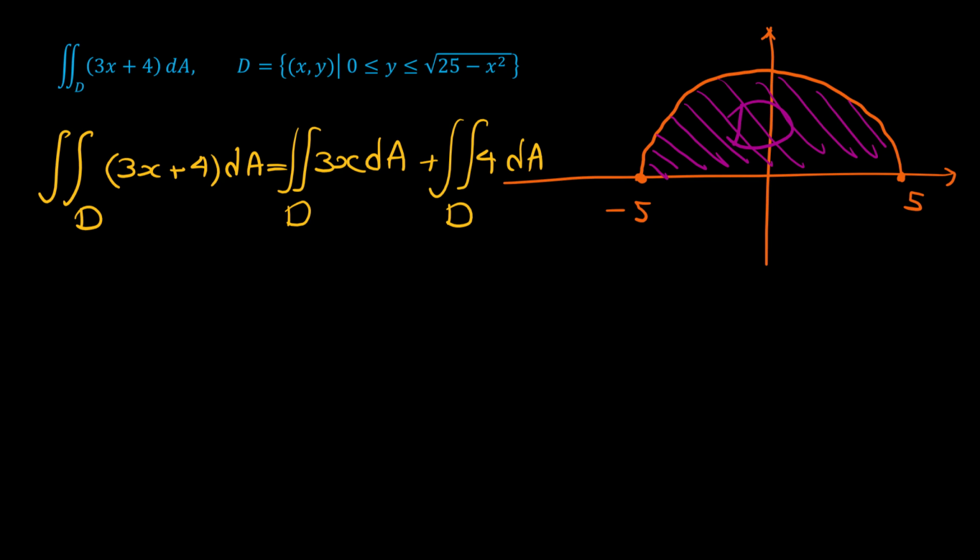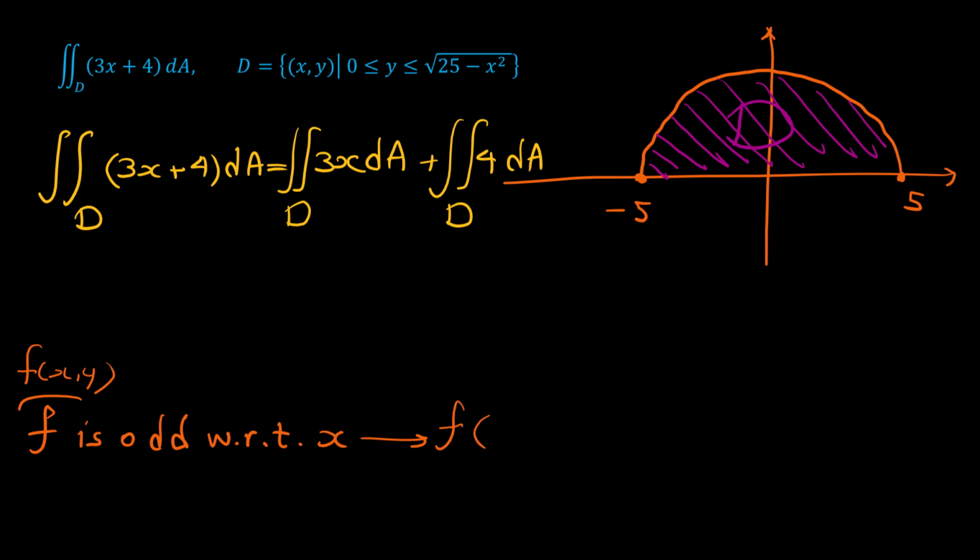Now please attention. Again, I have to remind you of something that is very important. If the function f is odd with respect to variable x, a two-variable function like f of x and y is odd with respect to x if f of negative x and y equals negative f of x and y.